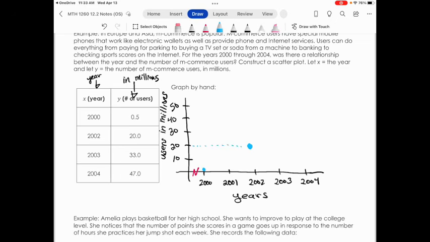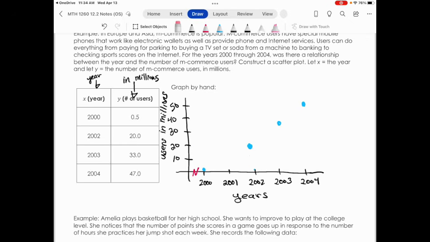If you forget how to do this, I look to see where the X and the Y pair up, where they intersect, if I imagine where those lines cross. Now for 2003, we have 33, so a little bit past 30, somewhere in here. And then at 2004, we have 47, so a little bit before 50. So here is our scatter plot.